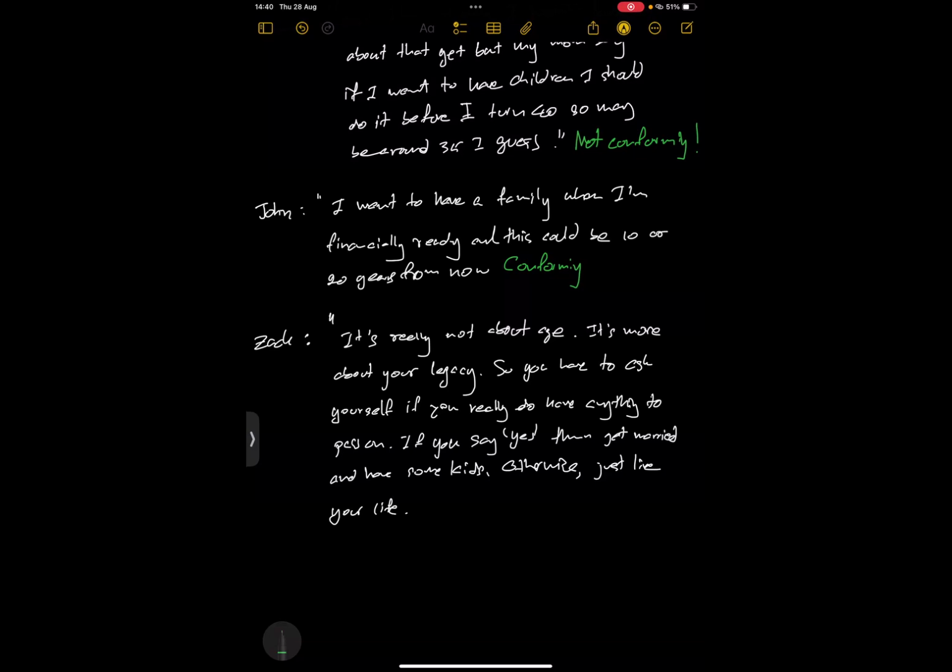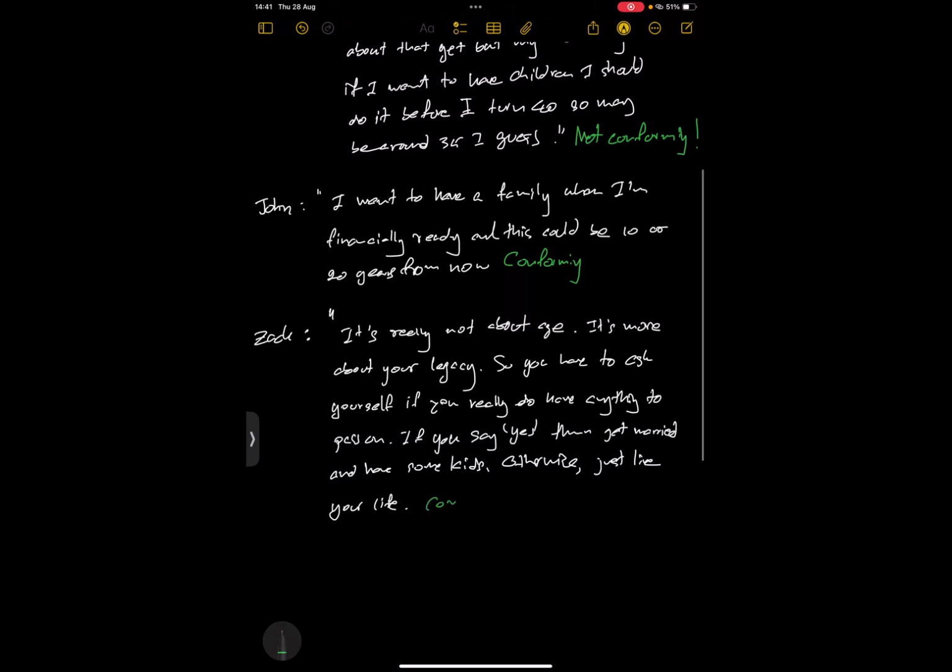And you don't want this knowledge to die with you. You want this knowledge to live on. So you want a protege to carry your work going forward. So get married when you are ready, when you have legacy to pass on. So this one is conforming.